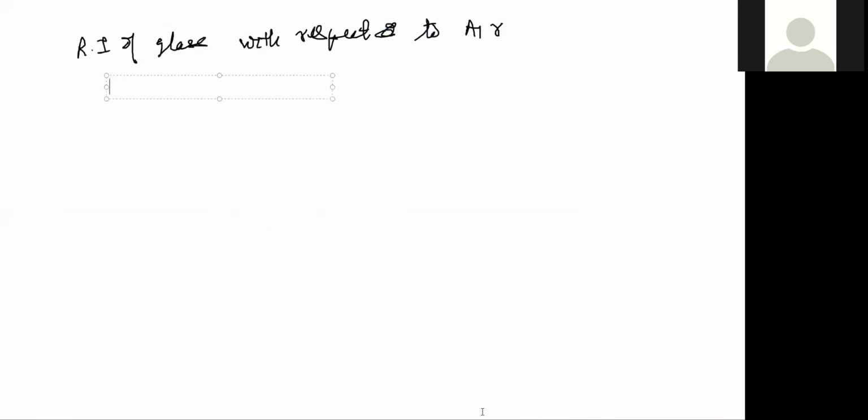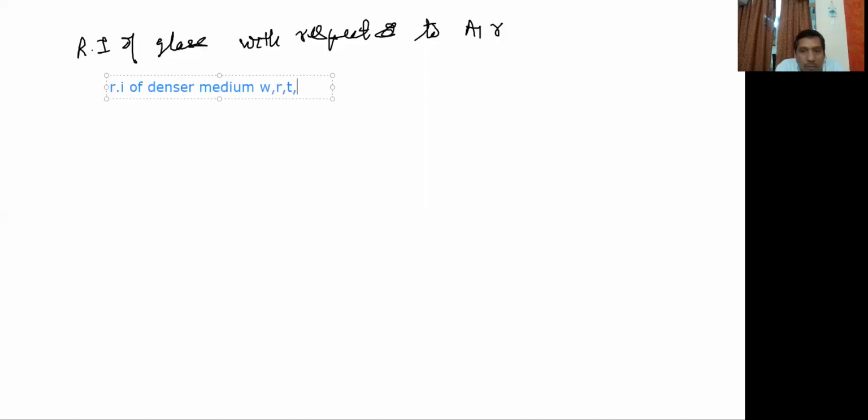So it represents the RI of the denser medium with respect to the rare medium.